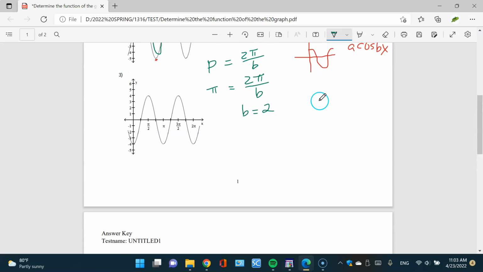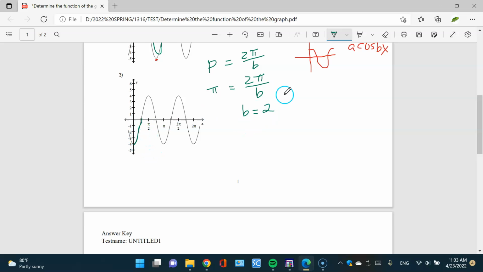Now we look at this one. Determine the function of the graph. I know this is a cosine function because the curve is symmetric with respect to the y-axis, right? So this is a cosine.